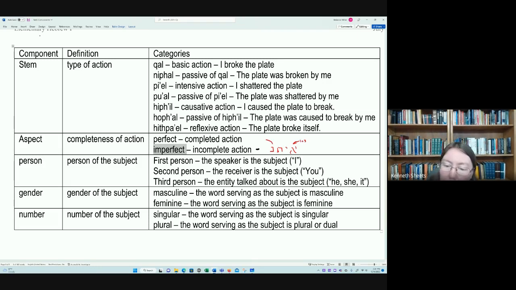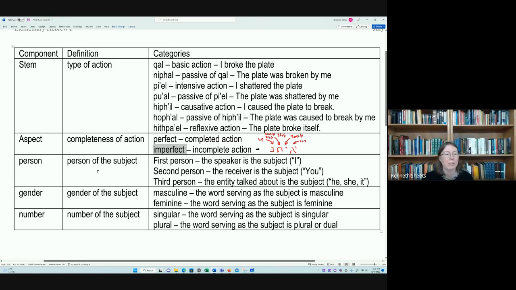The nun will indicate first common plural. The yod, third masculine singular or plural. And the tau would be everything else, which would be the second masculine singular and plural, the second feminine singular and plural, and the third feminine singular and plural. And so those are going to be the imperfect preformatives. If you see those, you know that you're dealing with an imperfect verb.